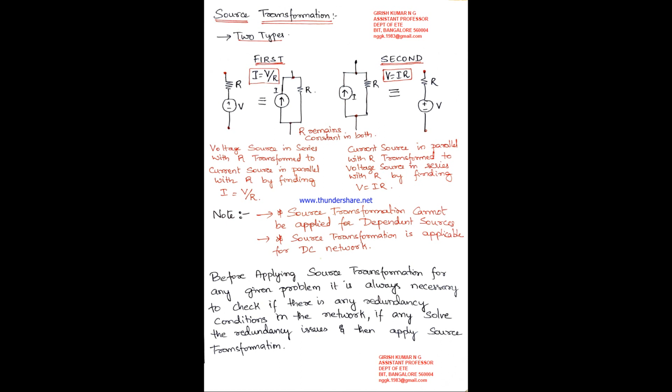Very, very important, because in exams, most examiners or paper setters will normally give a circuit which looks very complicated for any student. But that circuit is very simple and easy to solve, and the marks for that circuit will be 4 marks.